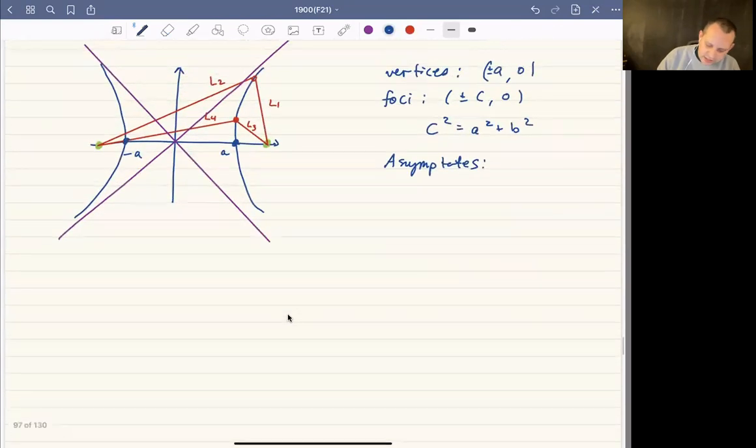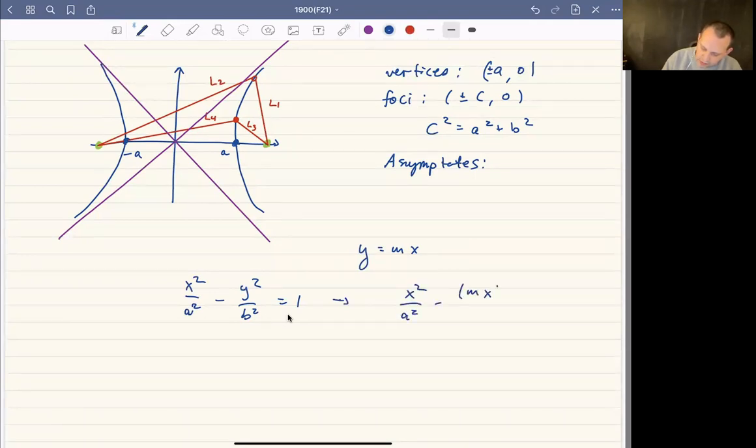So let's look at the line y equals mx. So we know it goes through the origin. So we just have to figure out what the slopes of these lines are. What we can do is take that and plug it into our equation, x squared over a squared minus y squared over b squared. If we do that, we end up with x squared over a squared minus m squared x squared over b squared equals 1.